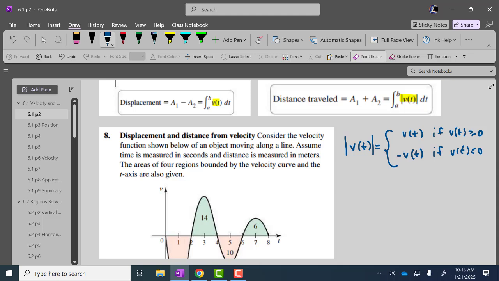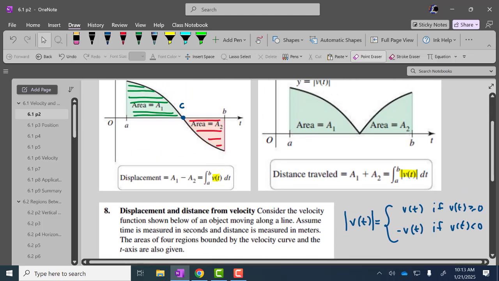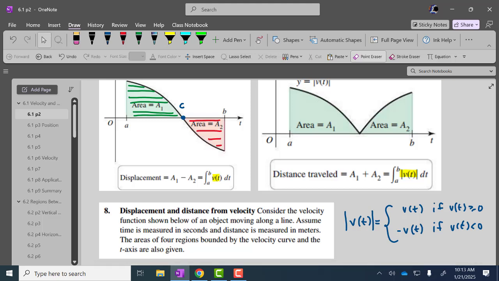So integrating a piecewise defined function is done in pieces. You integrate the top piece, you integrate the bottom piece. So if we come up here, this is above the x-axis, so we don't have to do anything. The integral of it is just the integral of v.